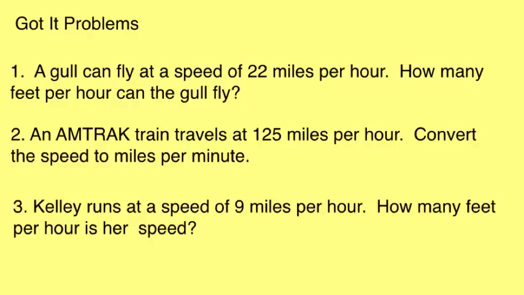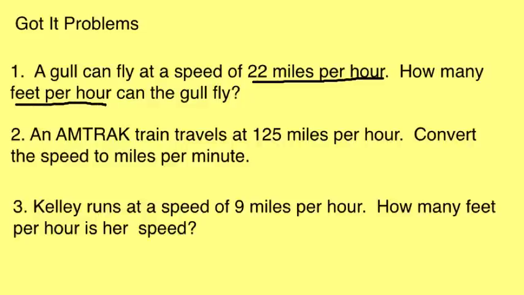Okay, here are 3 got it problems. There's not enough room on your notes to do your got it problems, so you're going to need a blank sheet of paper. I'm going to help you a little bit here and underline what you're doing. In the first one, a gull can fly at a speed of 22 miles per hour. You're trying to find feet per hour.